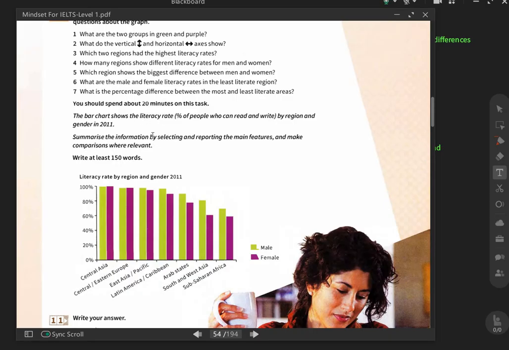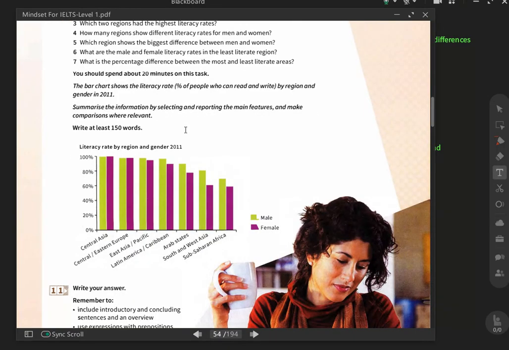Different, let's see. One, two, three, four, and five. Of course, it's not a lot, just a big difference, but still different.